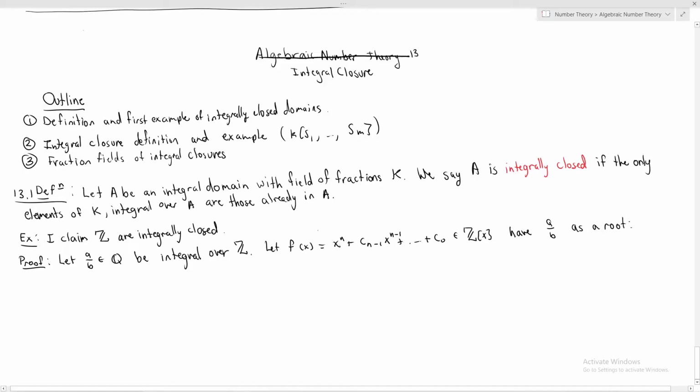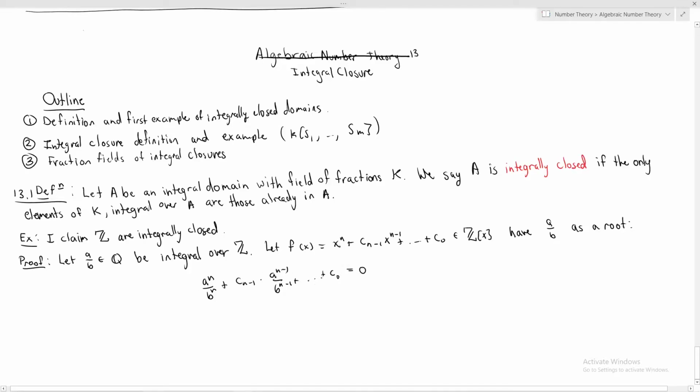What does this mean? In terms of this equation, it means that a to the n over b to the n plus c sub n minus 1 times a to the n minus 1 over b to the n minus 1, plus and so on, plus c naught equals 0.